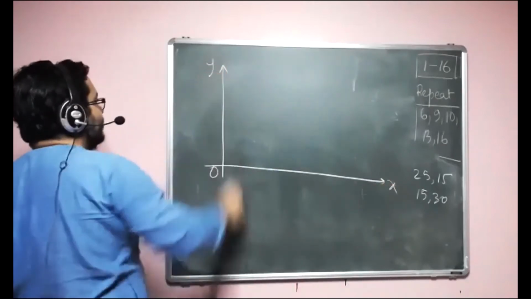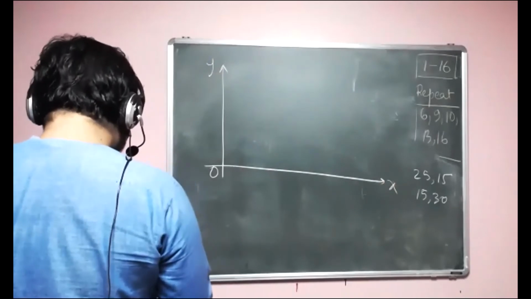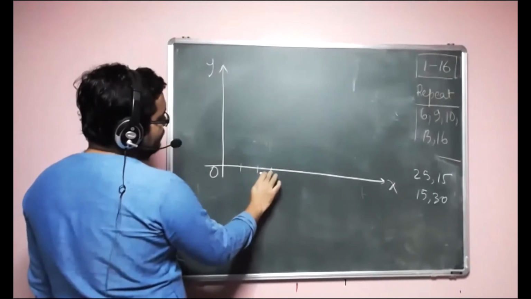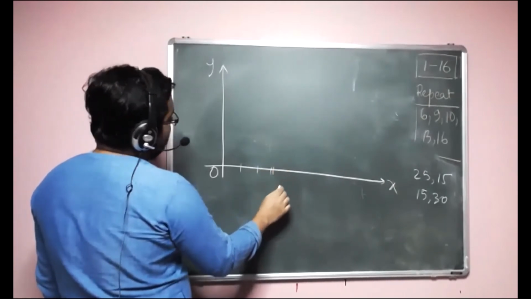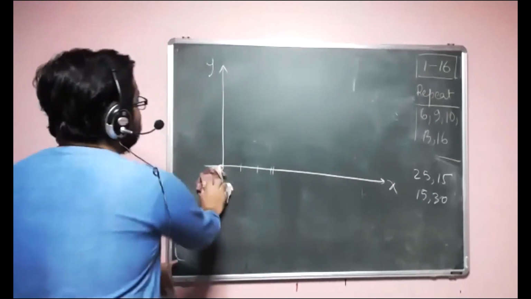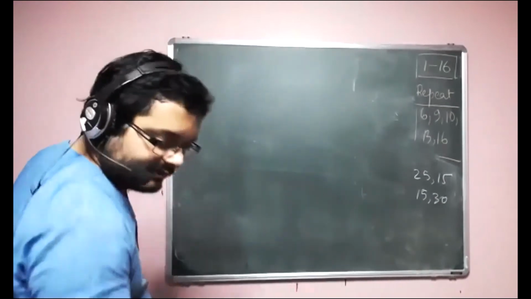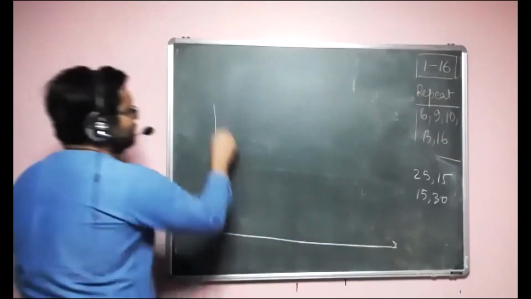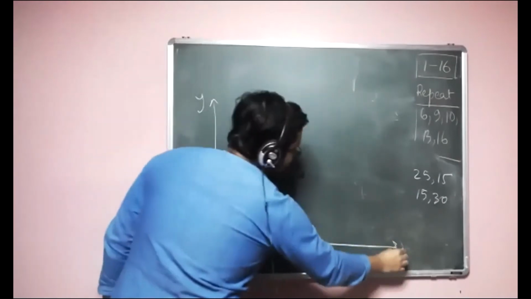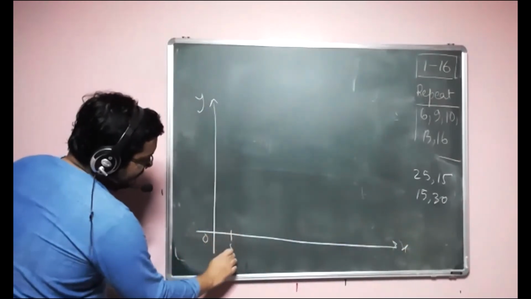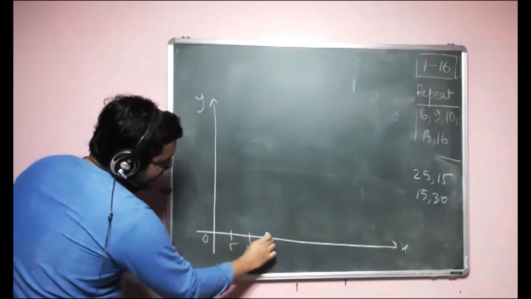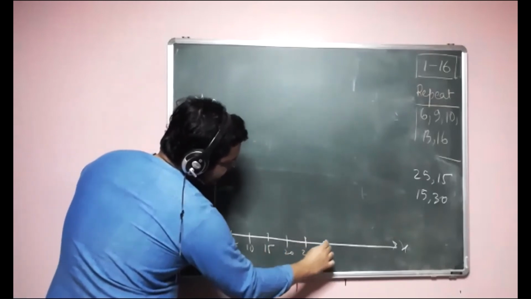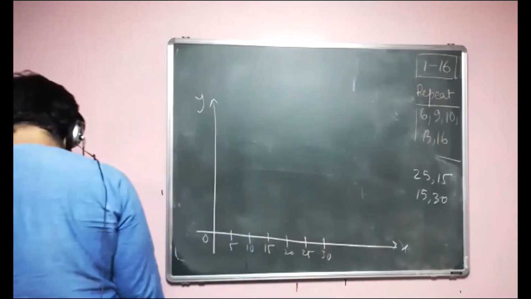X, Y. Okay, let's start. So the first point that we should start is, okay, I'm going to break it in 5, 10, 15. Probably I should go a little bit lower. Okay, I need the Y axis to be longer. So let's draw like this. Y, X. Okay, 5, 10, 15, 20, 25, 30.